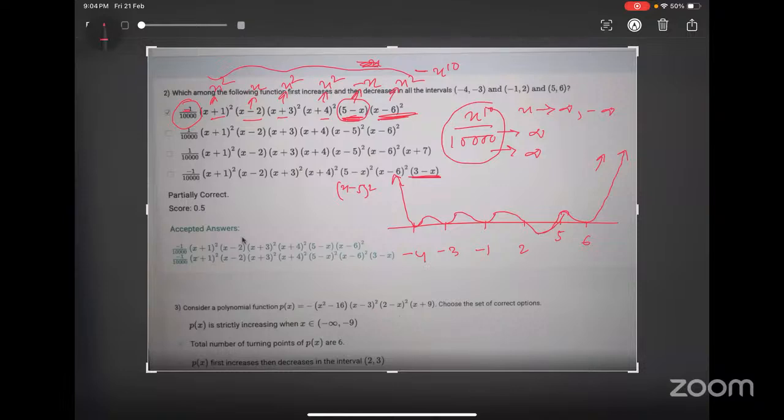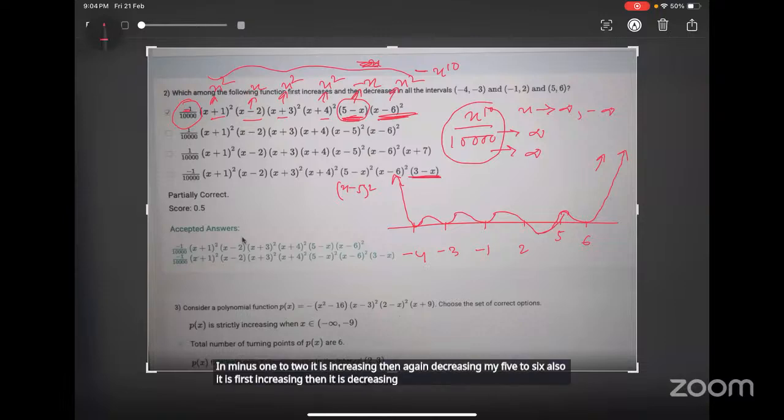No, see, between -4 and -3 it first increases, then decreases, right? When it touches -3, it decreases. Again, from -1 to 2 it is increasing, then again decreasing. From 5 to 6 also, it is first increasing, then decreasing, right?